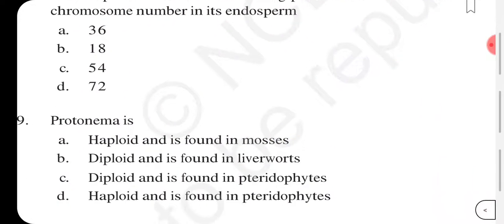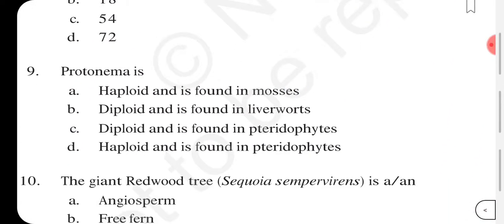Now moving on to the next question. Question number 9. Protonema is haploid and is found in mosses. Diploid and found in liverworts? Diploid and found in pteridophytes, or haploid and found in pteridophytes? If you remember, in pteridophytes there is no structure called protonema.